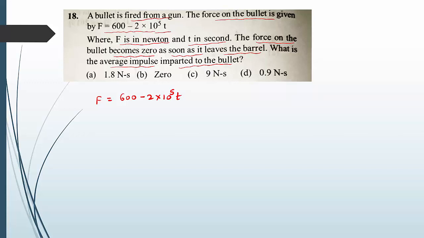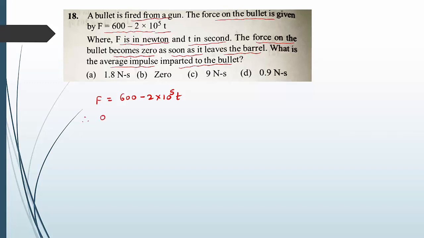So the force is 0 at time T. It is given here that the force on the bullet becomes 0 as soon as it leaves the barrel. So when we fire the bullet, after leaving the gun, the force becomes 0.